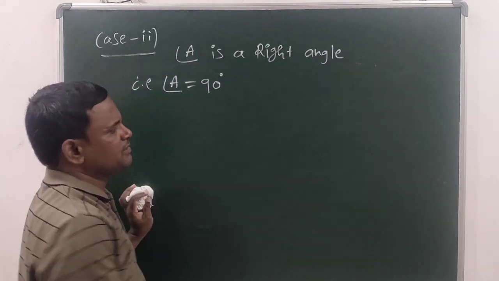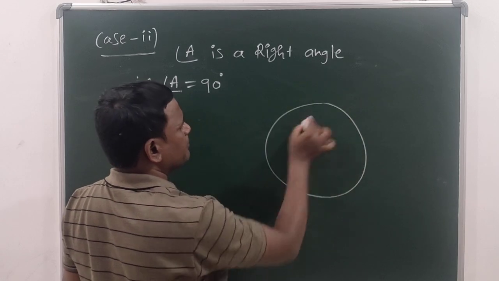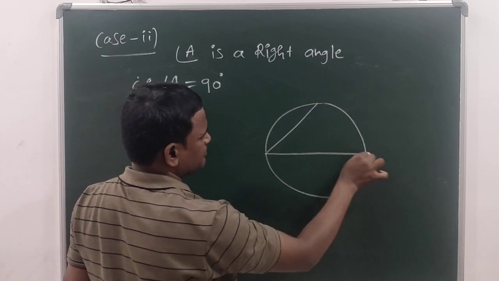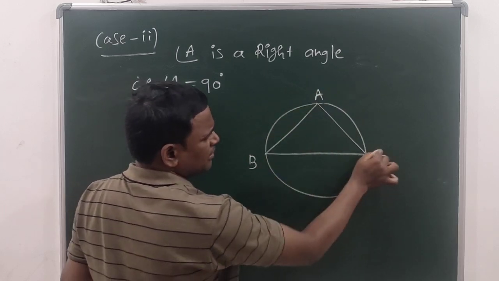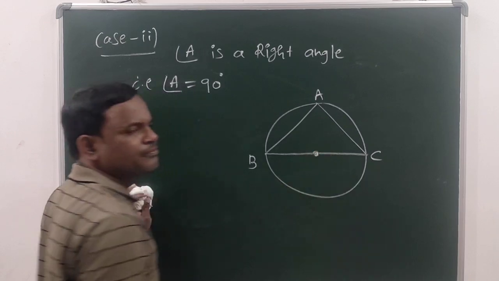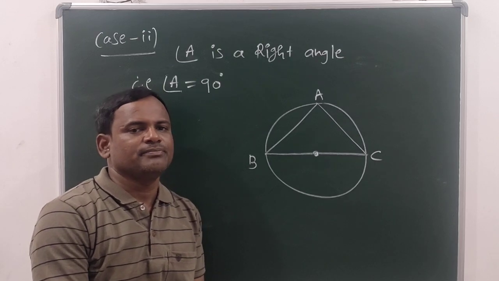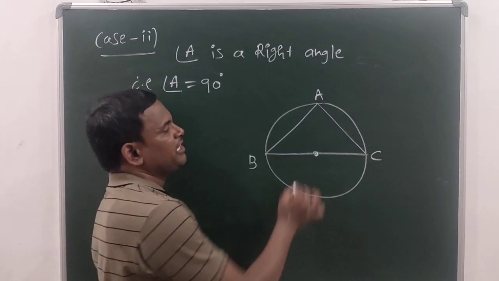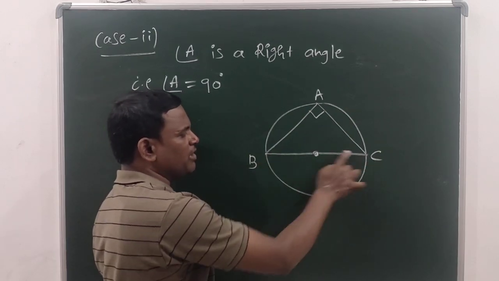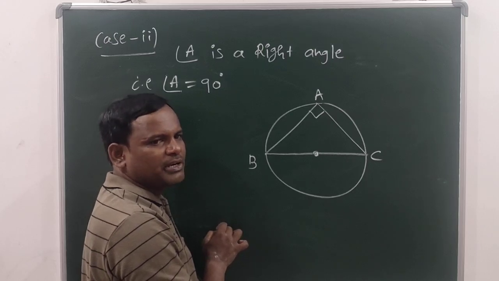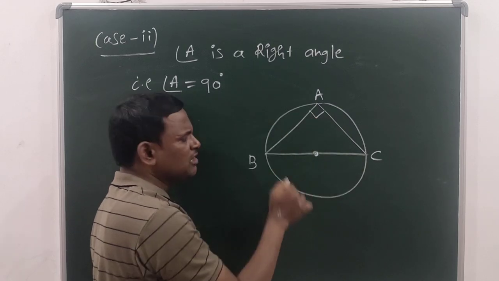Now this is ABC. This BC side is passing through the center of the circle. In such a case only we get a 90 degrees angle, because this is a semicircle. When you consider BC a diameter, this arc makes a 180 degrees angle at the center, and this angle will be how much? Half of this.